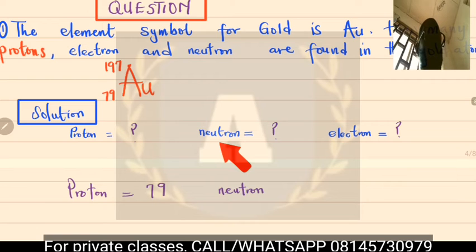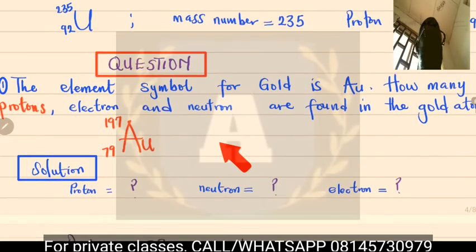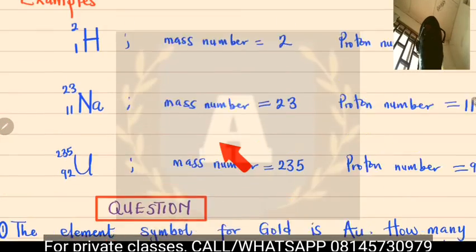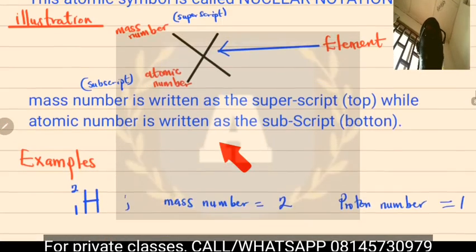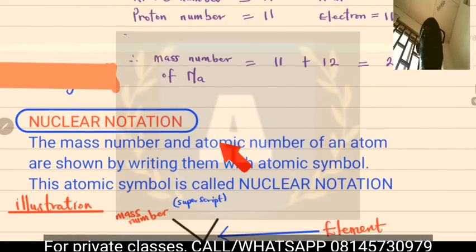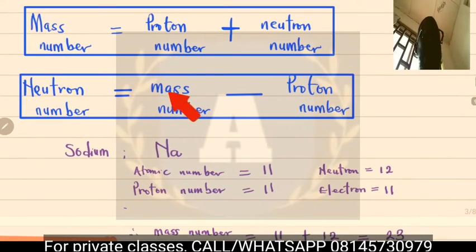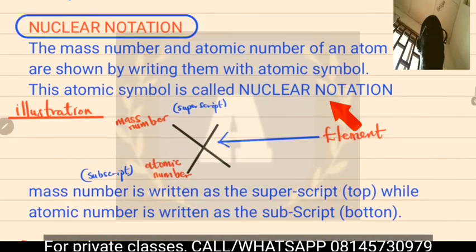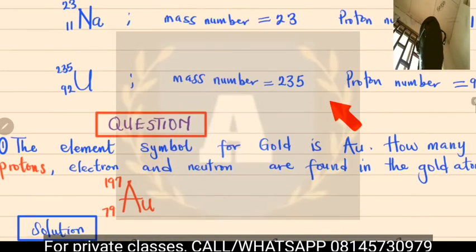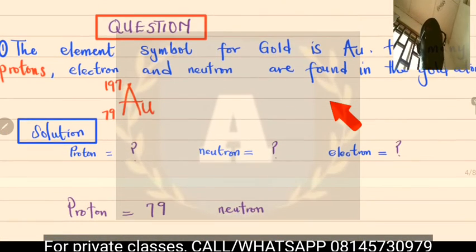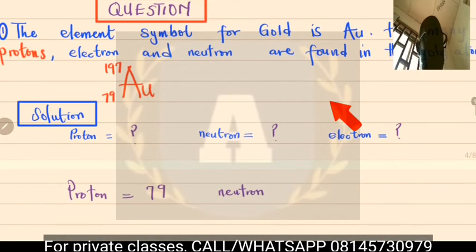Don't forget, we said the neutron number is equal to the mass number minus the proton number. Always remember that.